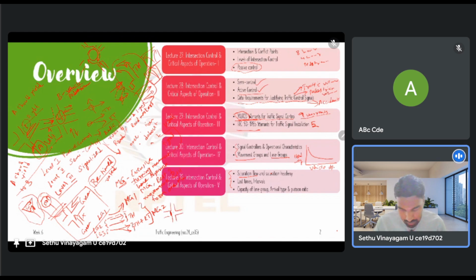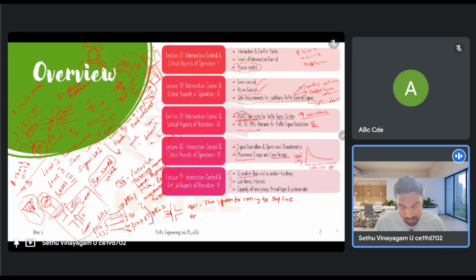When the signal turns green, the time taken by the first vehicle's front wheel to cross the stop line, from the time of the signal turning green, is the headway for the first vehicle.